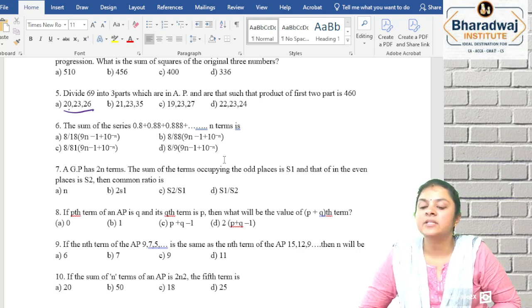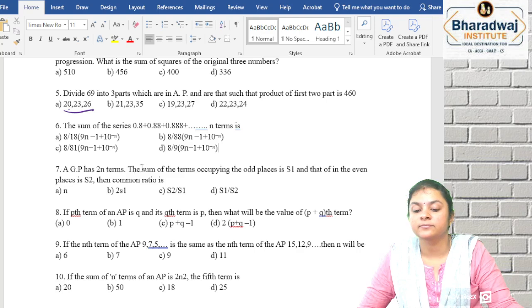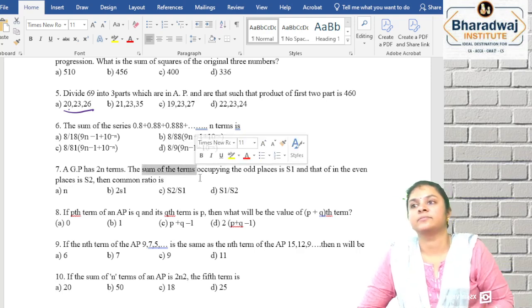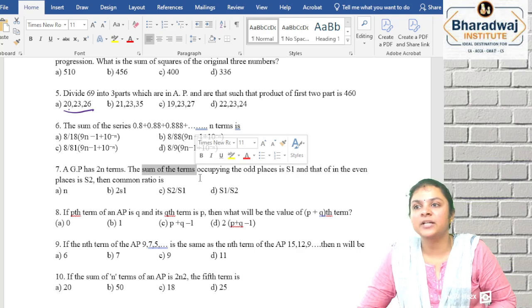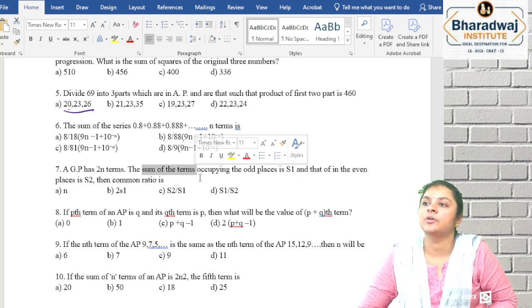Sum of n terms occupying the even places is S2. What is the common ratio? This is the sum of terms, not the actual term. Actual term, what you are saying is correct. S2 by S1 you can do to find out the common ratio.